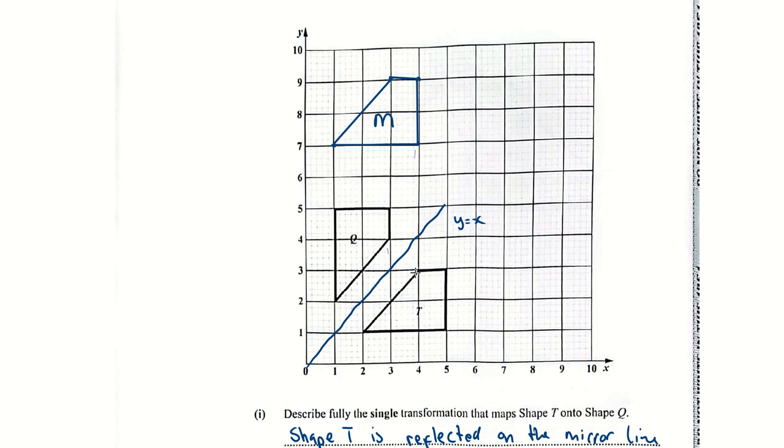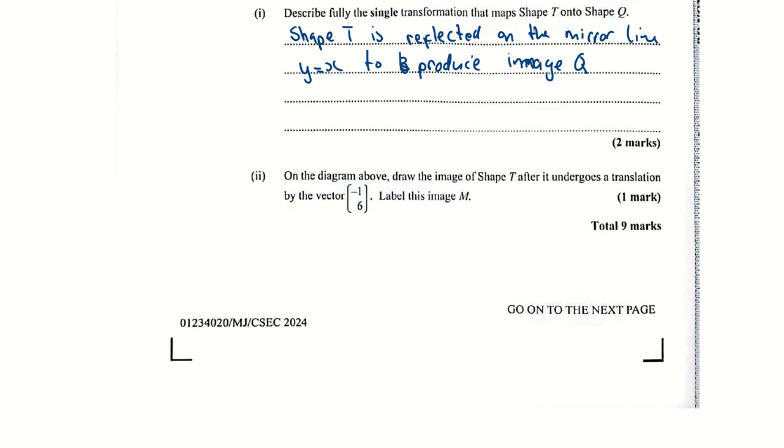So let's just say this is (4, 3). Let's check: 4 on top, 3 at the bottom, plus (-1, 6) would have given you (3, 9), since 4 minus 1 is 3, and 6 plus 3 is 9.